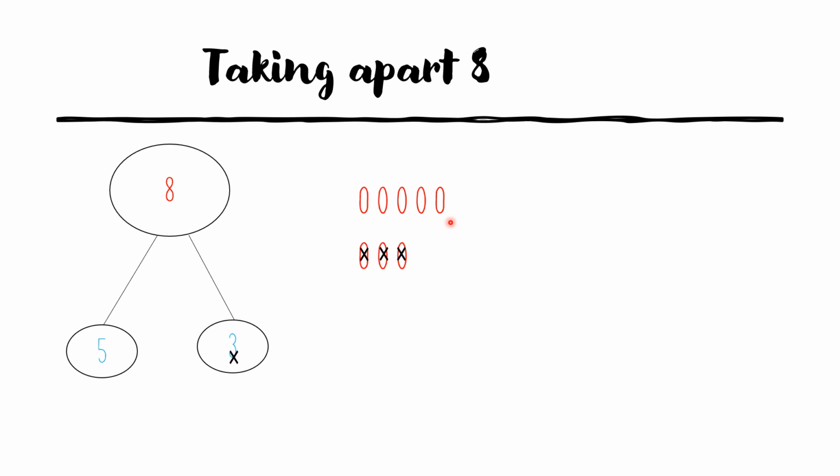Nice work. Now we're ready for an equation. Go ahead and write an equation for this drawing and the number bond. Remember, our number bond and equation should match. There should be the same numbers.